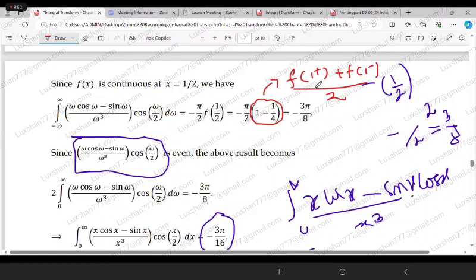Okay, f of 1 minus plus f of 1 plus, divided by 2.